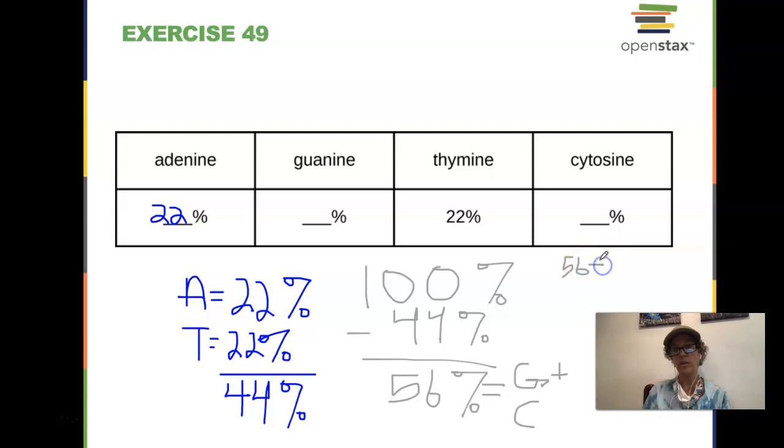All right. Divided by 2 equals 28%. 28, yes, 28%.